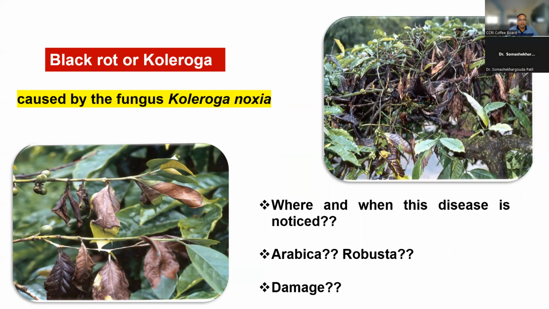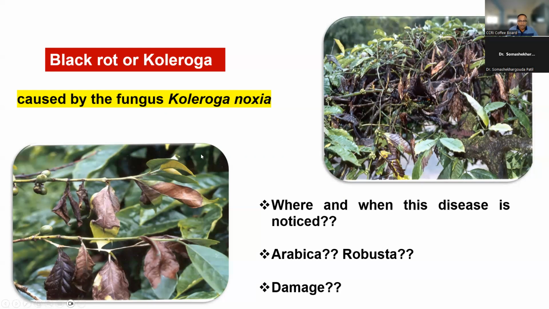In Karnataka, we see this disease in Chikmagaluru and Hassan districts, as well as Coorg. In Hassan, Sakleshpura, Mudigere of Chikmagaluru area, and also the Kalasa zone, as well as Coorg, and even in some parts of Kerala. But in Tamil Nadu, this disease is very negligible, not much damage is caused.